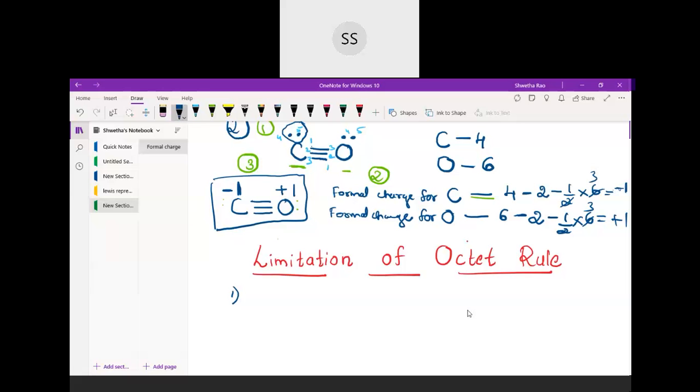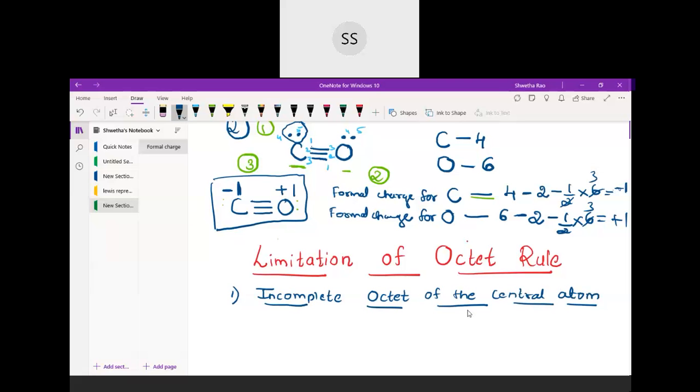So I'll give you an example, and you will understand what the incomplete octet of the central atom is. First, remember what the octet rule says.